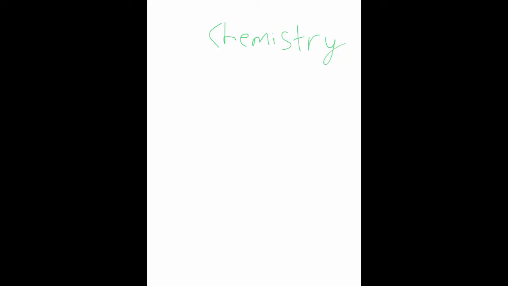So two really important things in chemistry are elements and atoms. An element is something like gold. So let me list that.